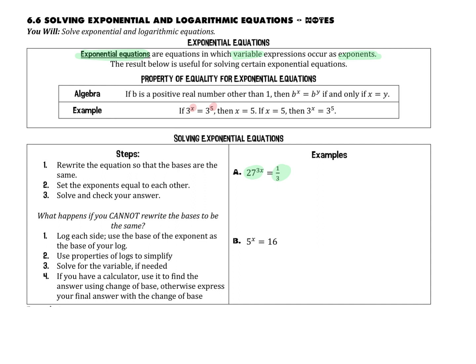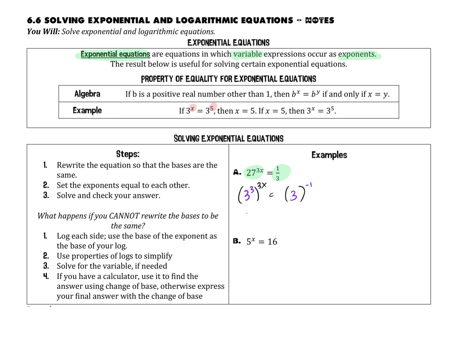So if we look at example A down here, 27 and 1/3, those are our bases. So I want to ask myself if it's possible to rewrite 27 and rewrite 1/3 as some number that has the same base. Well, I know that 27 is 3 to the third, and I'm going to just put parentheses around the 3x, and I know that 1/3 is 1 over 3, which means I could rewrite that as 3 to the negative first power.